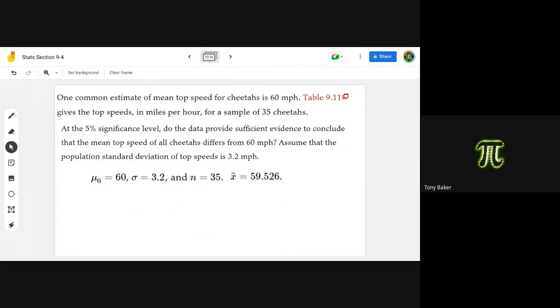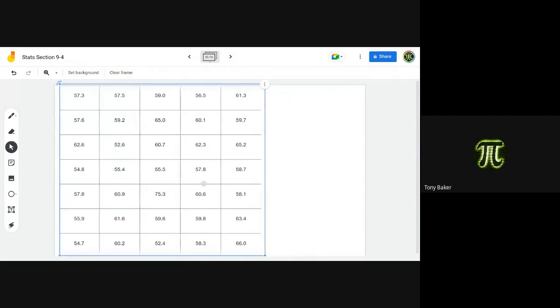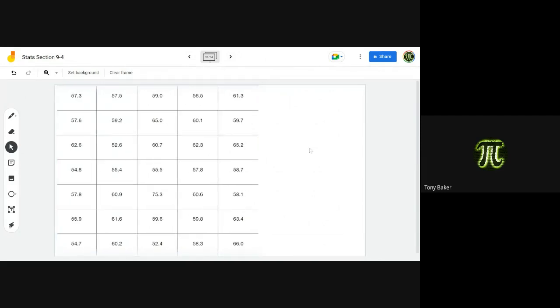All right, since we haven't done one with an outlier yet, we're going to look at one with an outlier. If we look at this data here, you go through and look at your numbers, and that one kind of stands out.